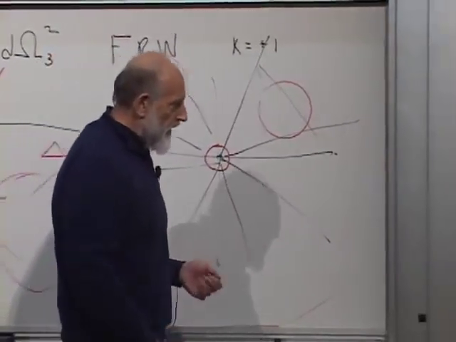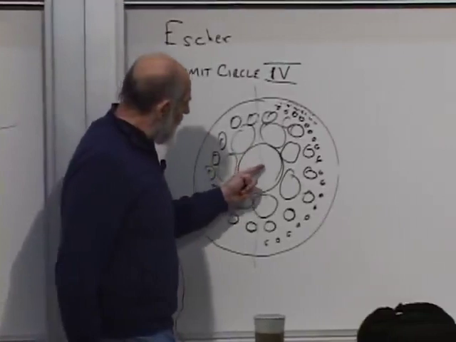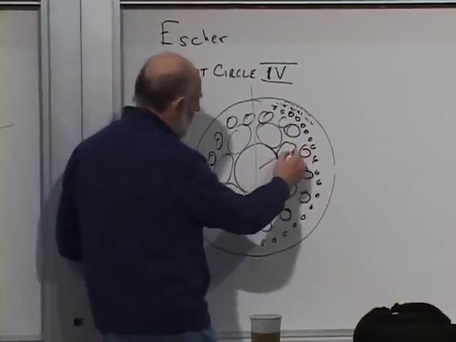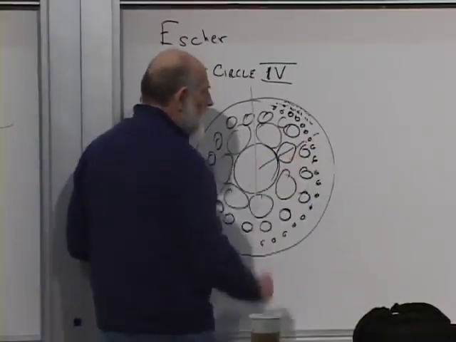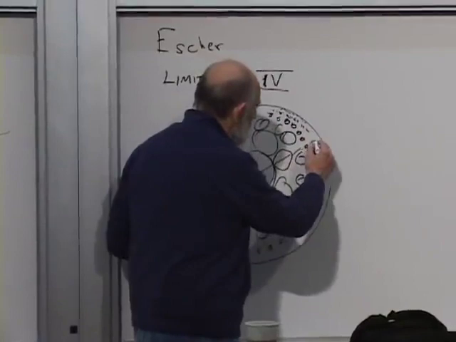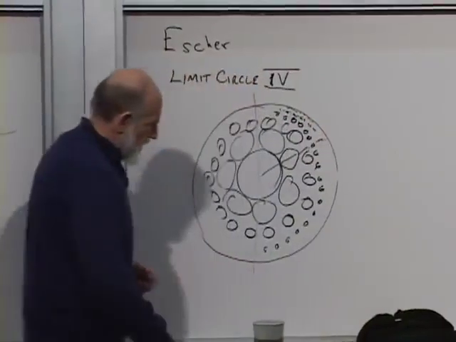geometrically. So that means if you want to know how far it is from the center to the boundary, all you have to do is count the number of continents that you cross. But the number of continents that you cross is infinite because they get smaller and smaller and smaller.